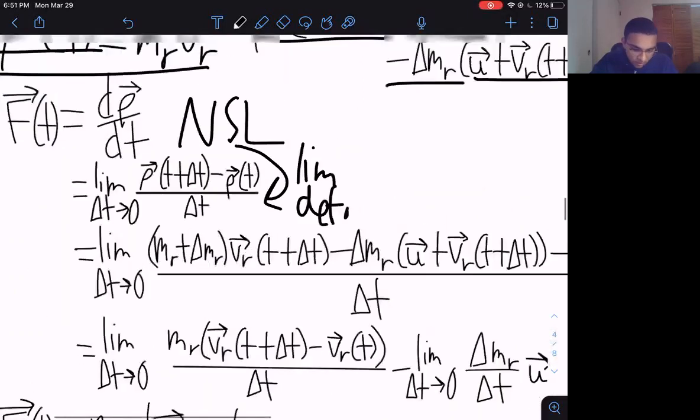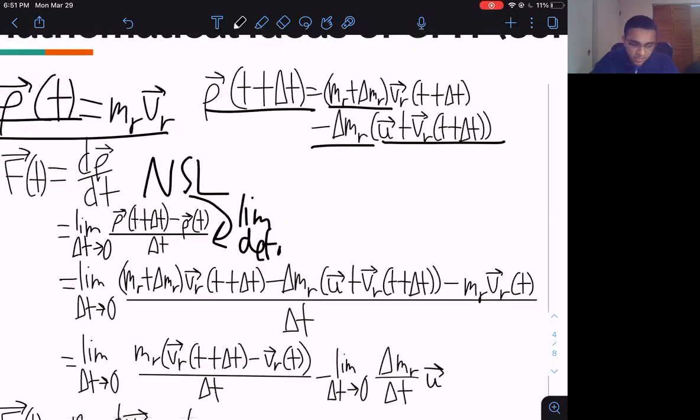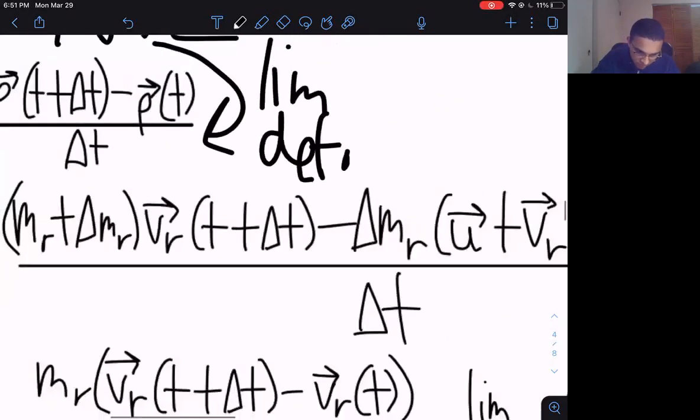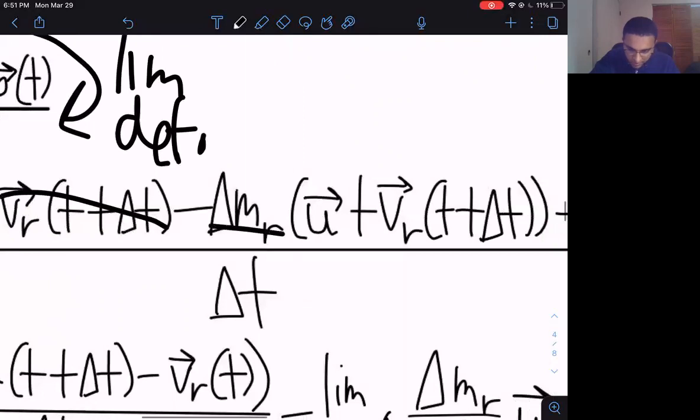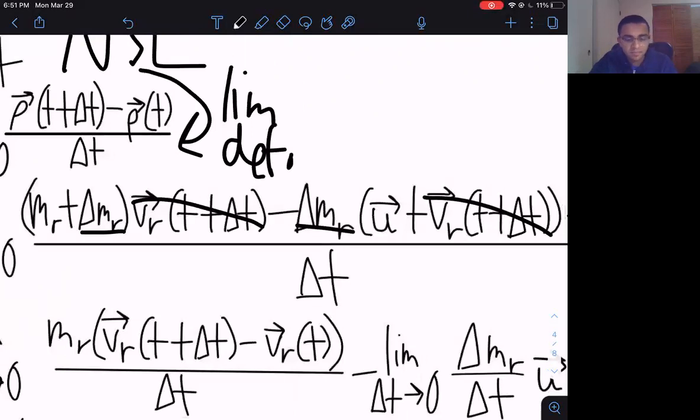If not, Google it. And so we substitute in the quantities of our momentum that we calculated, at t plus delta t and momentum at time t. We substitute them in, and then we have this cancellation, right? If you look carefully, this term over here cancels out. It's your delta m sub r times v sub r of t plus delta t, right?